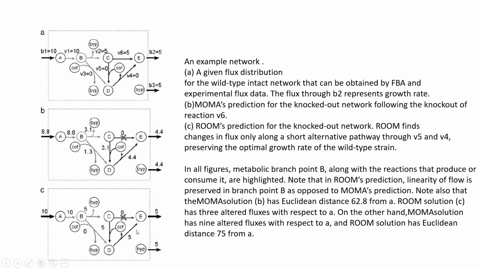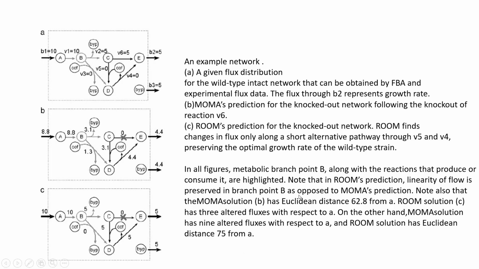In all the figures, the metabolic branch point is this B point, along with the reactions that produce or consume it, highlighted. So in this model, B was our point of interest.